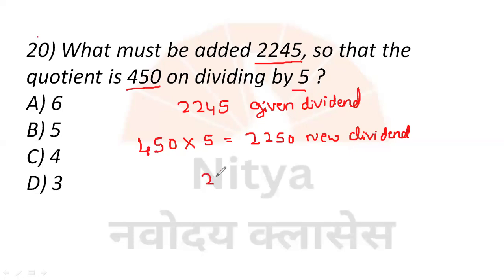So we just have to do 2250 minus 2245. We have to just subtract it. So what comes? 5. So option number B is the answer. When we add 5 to this number, the quotient will be 450 and the divisor will be 5. Okay, next question.